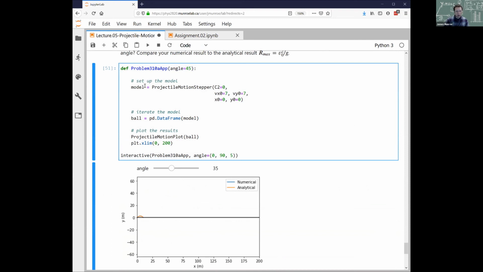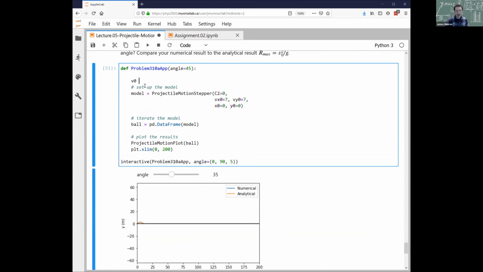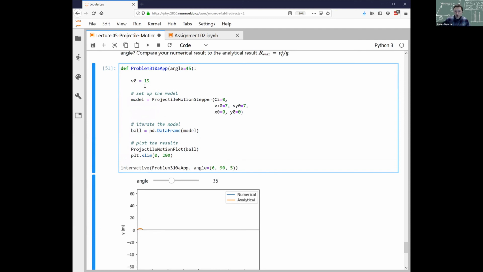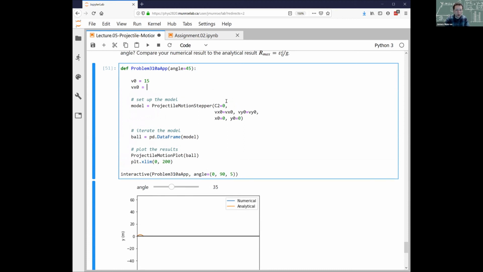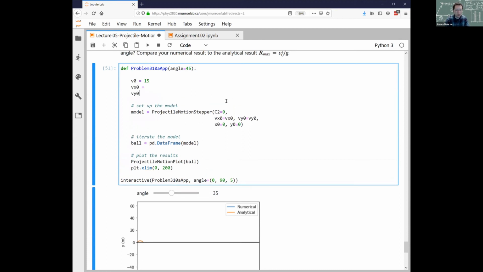Well, what I need to do is, I'm told in the problem, I need to have an initial speed of 15. We're told to always use an initial speed of 15. I need to somehow figure out what the initial components of the velocity need to be. I need to write the code that makes this work. And so we have to try to remember or figure out or ask a question.